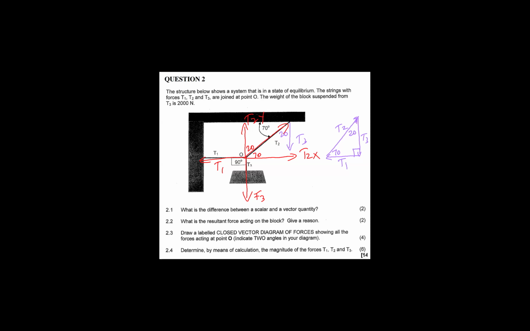Okay. Now, let us look at this one here. The first question was, what is the difference between a scalar and a vector? So a scalar, what is a scalar?